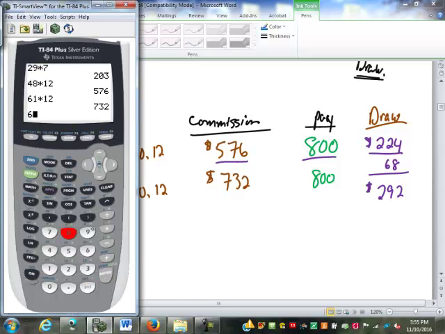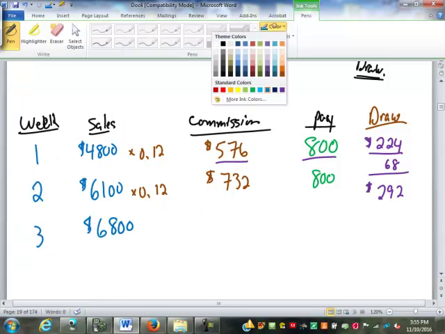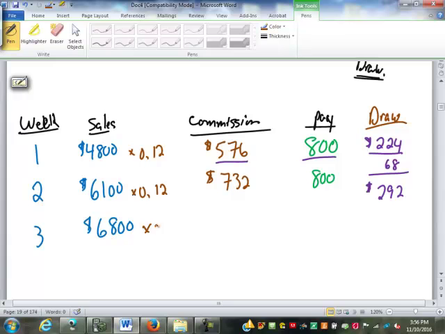So your commission, 6,800 times 12%, 0.12, is $816. What are you going to get paid? Only $800. But you made more than $800. Why don't you get the full 816?